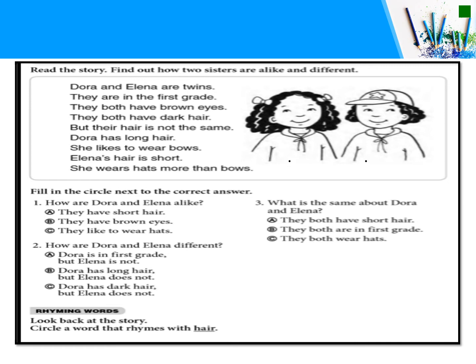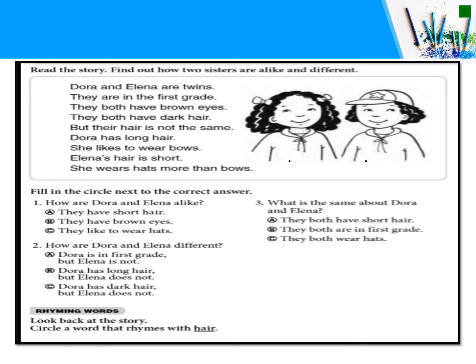Now let's read the story to find out more about Dora and Elena. Read the story, find out how two sisters are alike and different. Here, alike means you are comparing, different means contrast.